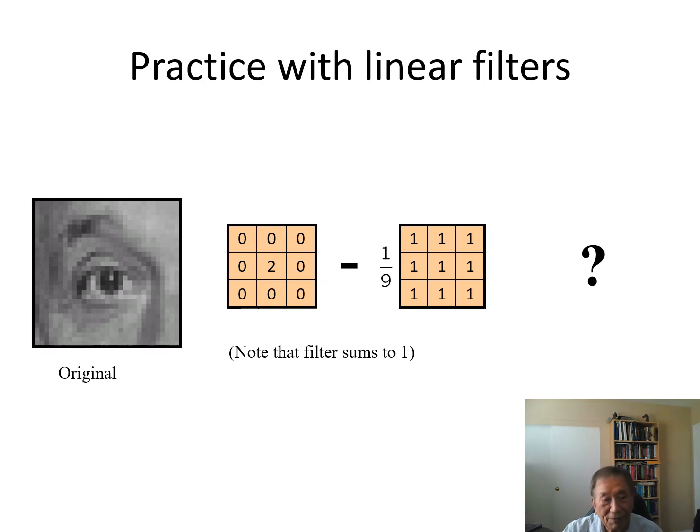Then one very good thing, very frequently done, is to focus on itself with twice the value, minus 1 over 9. What happens here? The total of this one is 1, isn't it? I mean, this 1, 1, 1 plus 1, 1, 1, so there are 9, and 1 over 9, so it's a 1.